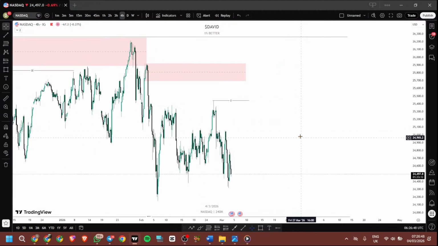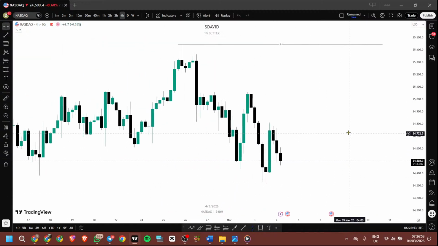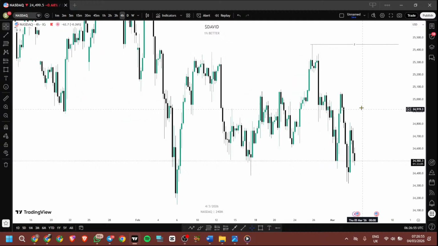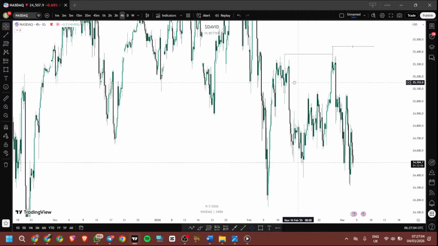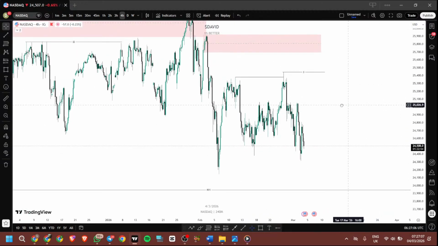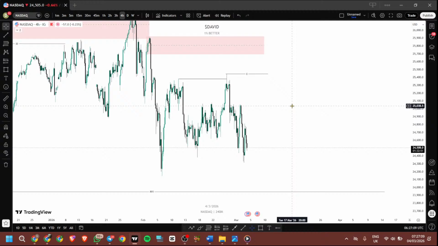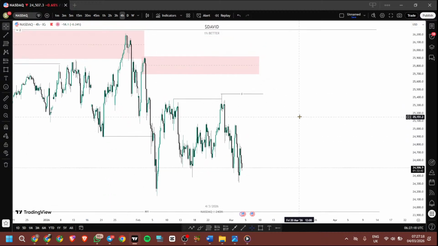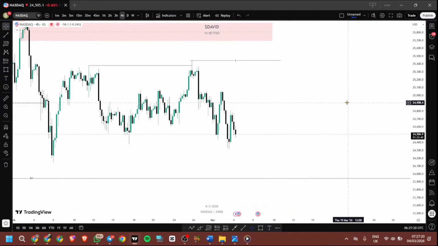Now let's go lower. Wow, very tricky chart.